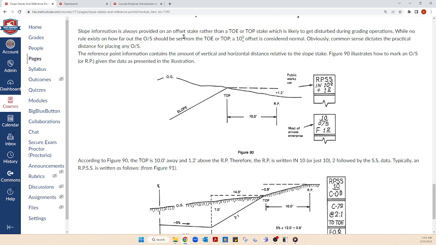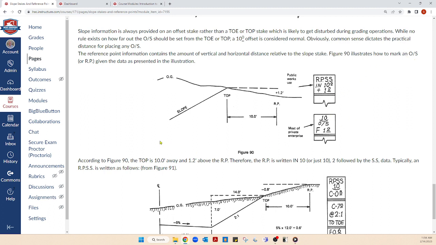Let's read this up here. Slope information is always provided on an offset stake rather than a toe or top stake, which is likely to get disturbed. The reference point information contains the amount of vertical and horizontal distance relative to the slope stake. Figure 90, that's this figure right here, illustrates how to mark an offset stake.